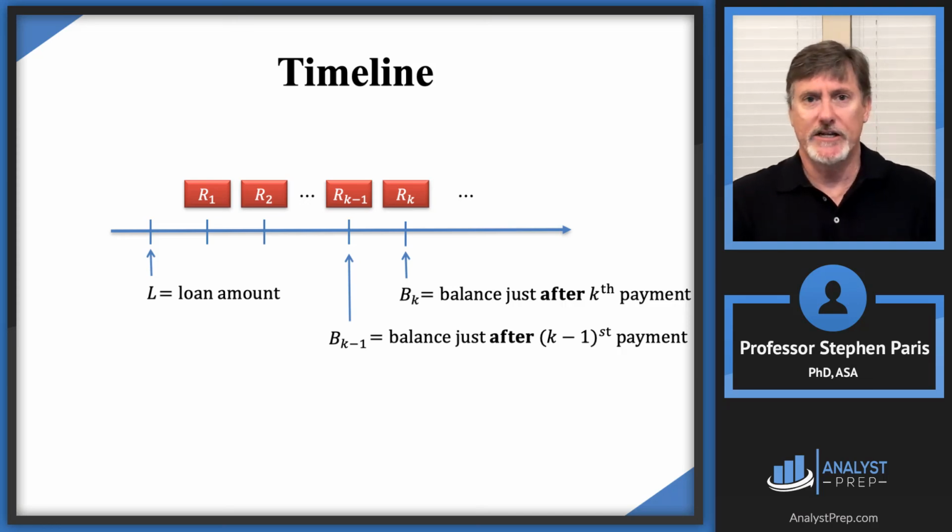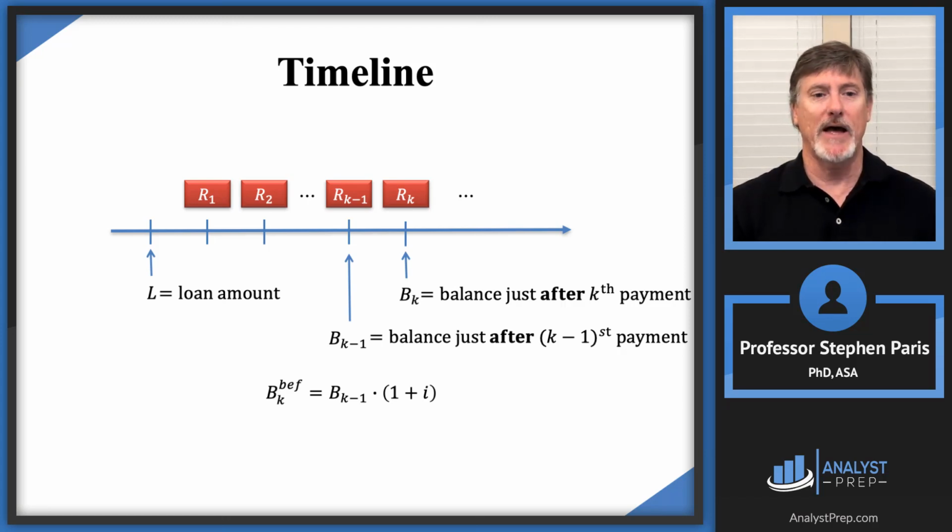We just need to accumulate the 900 one period to get the amount that we owe just before the next payment. It's unlikely that you're going to have a loan at 0%, which is why we need to accumulate that. So symbolically, the balance just before the kth payment is the balance immediately after the (K minus 1)th payment, accumulated by multiplying by 1 plus I. So we have these two different ways of calculating the balance immediately before the kth payment. All right, so I will see you in the next video.